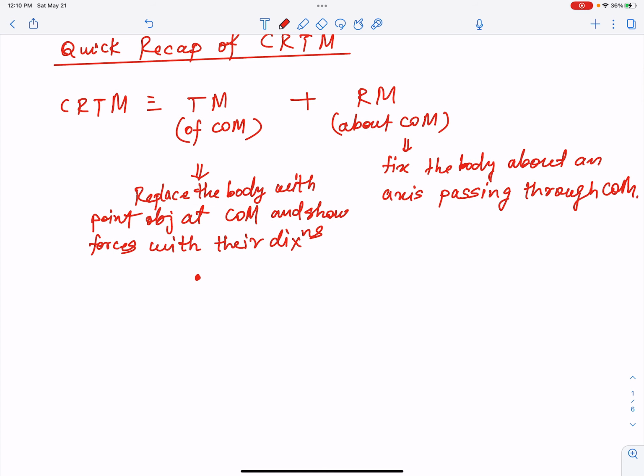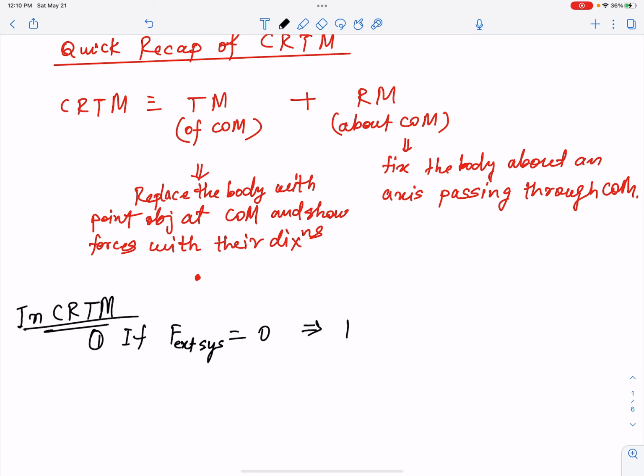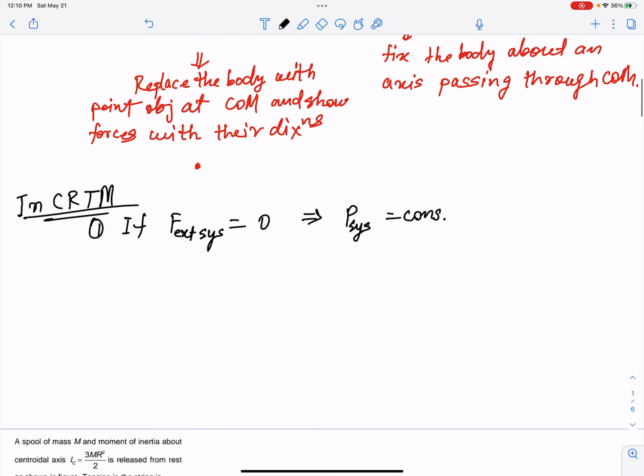Now in CRTM, if you remember, if F external on the system is 0, that means P of the system will be conserved, right? And if the external torque on the system is 0, then the angular momentum of the system will be conserved, right?